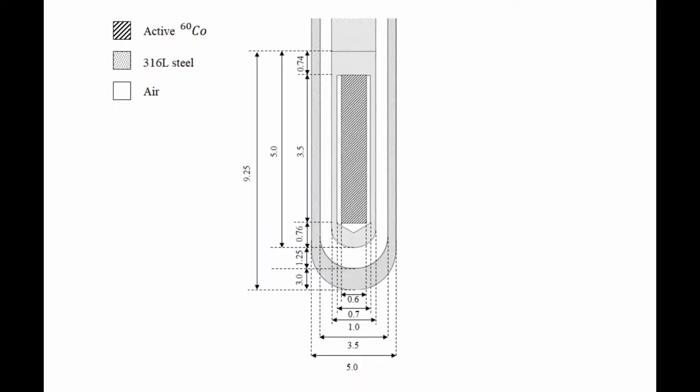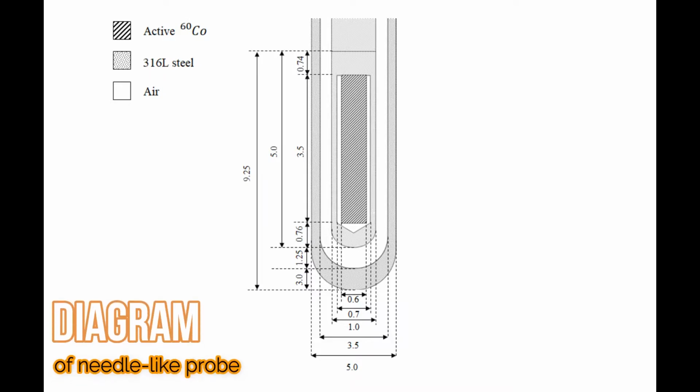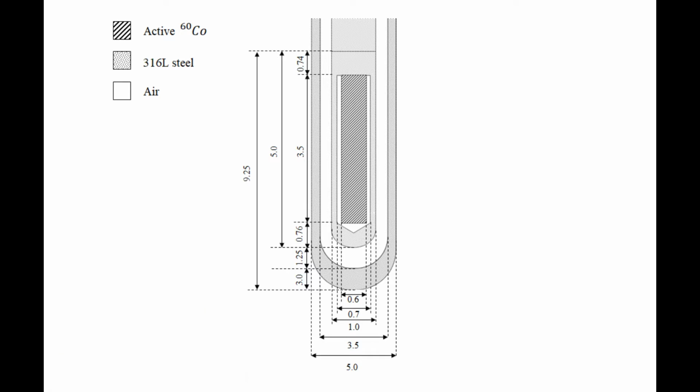But the needle is a little bit bigger, with a 5 mm diameter. The radioactive source with a 0.6 mm diameter is situated inside the probe. Don't worry, the patient will not feel any pain as anesthesia will be given when the slightly bigger needle punctures the flesh.